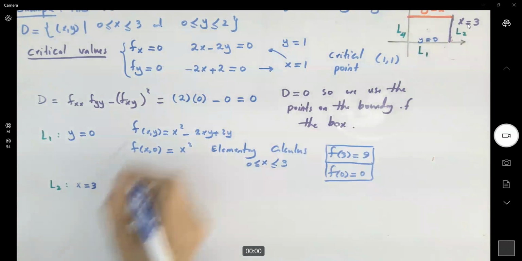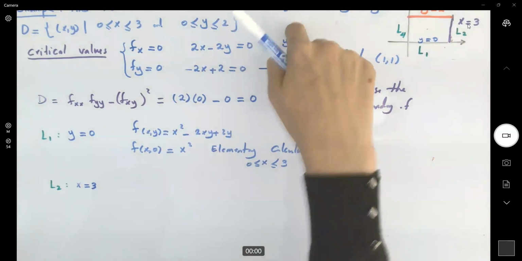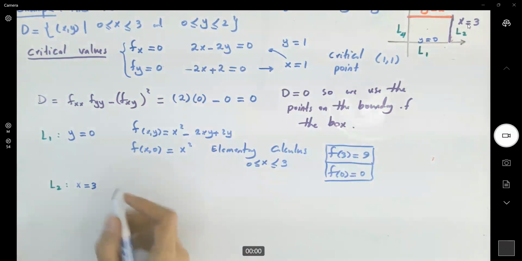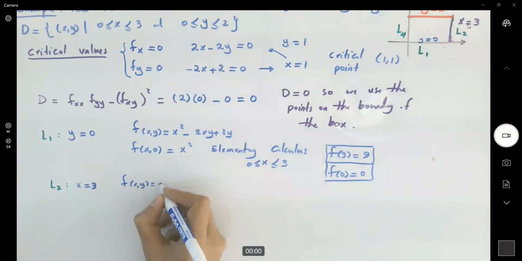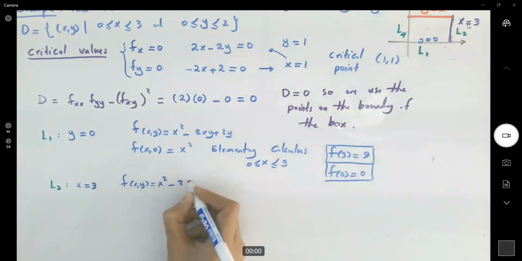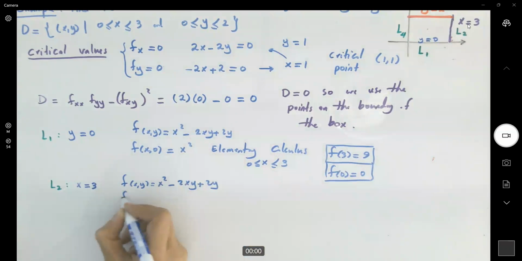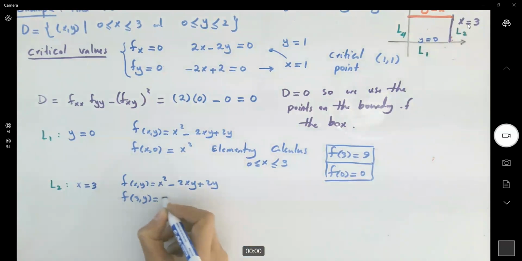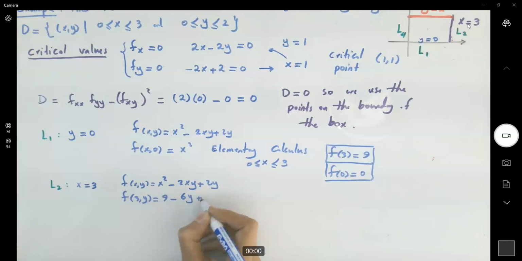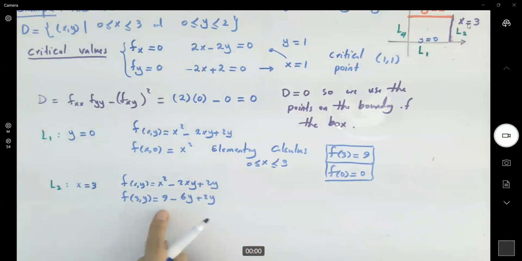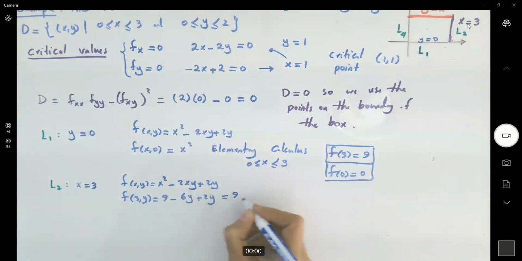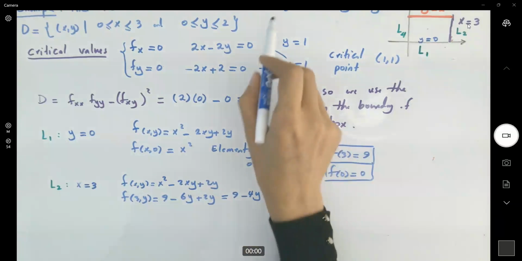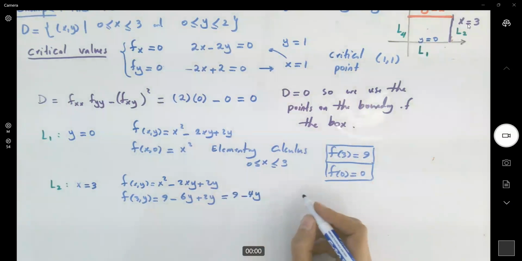So I'm going to go back to my original function. x is fixed, x is 3. f of 3 and y is going to be 9 minus 6y plus 2y, which is 9 minus 4y. Just a line, 9 minus 4y. And note that your y is bounded between 0 and 2.